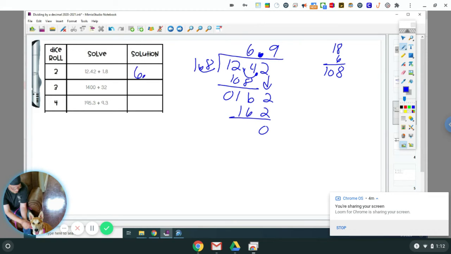This is 6.9. All right, so now we're going to do 1,400 divided by 32. So 32 goes into 144 times, which is 128. 32 goes into 163 times, which is 96.